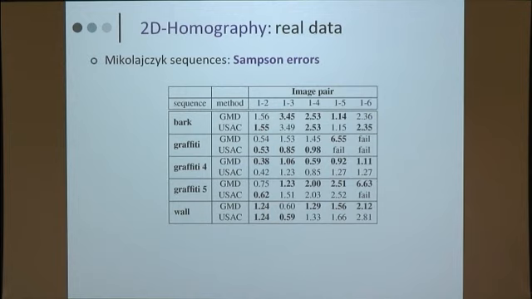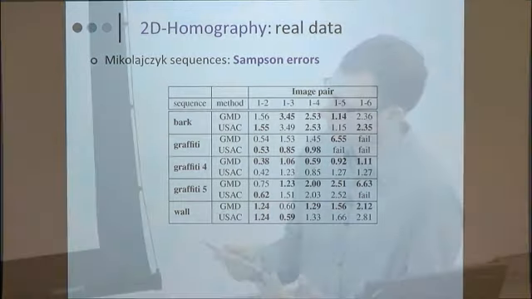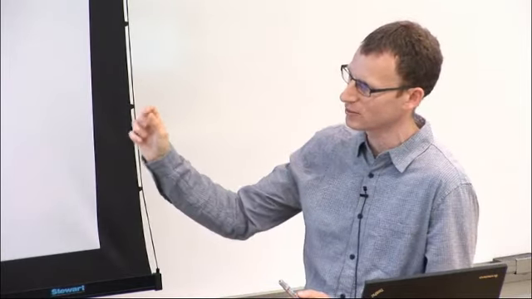And if you look carefully, in most cases the methods are comparable. They do quite well. And I think even the ground truth transformation doesn't have sub-pixel accuracy, so being around 1 pixel error is just fine.